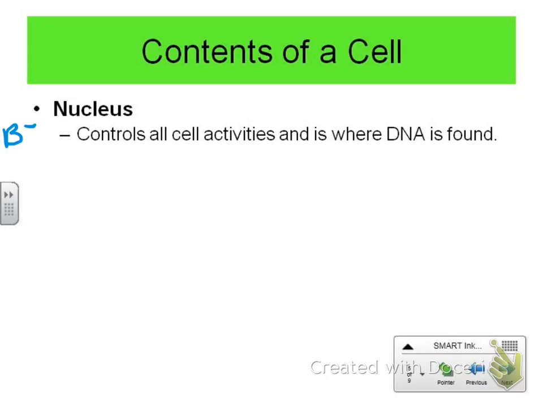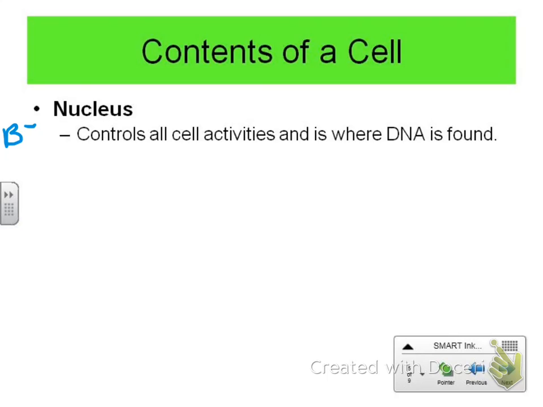All right. So in your homework for number 4 last night, you were to think about what the job or the role of the nucleus would be in, say, a town. We already established in the bell ringer today that the main role of the nucleus is to do what? Control cell activity. So thinking back to the nucleus here, what would maybe be the job of the nucleus in the town?